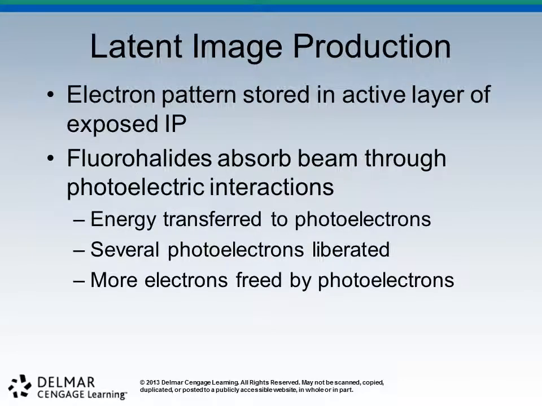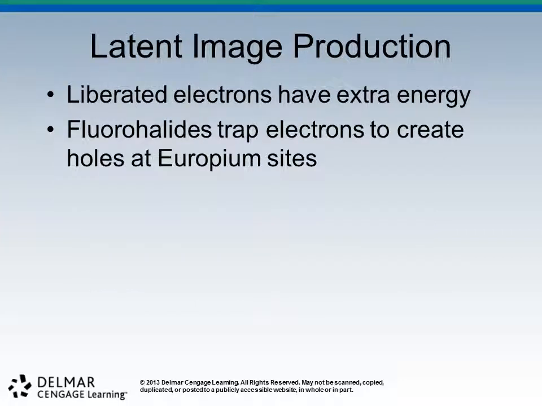When we're producing the latent image, those electrons that are created are stored here in the exposed image plate. Those X-ray photons are photoelectrically absorbed. Again, I don't think I need to explain that. That energy is stored in there, and then we go to the next step.